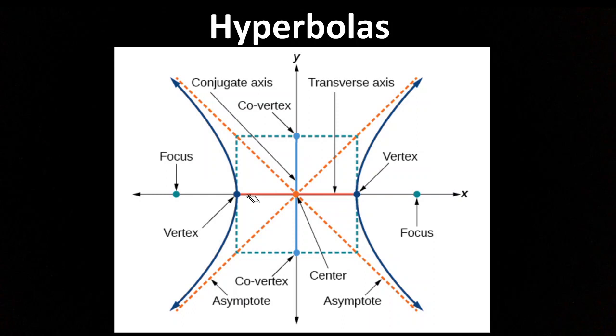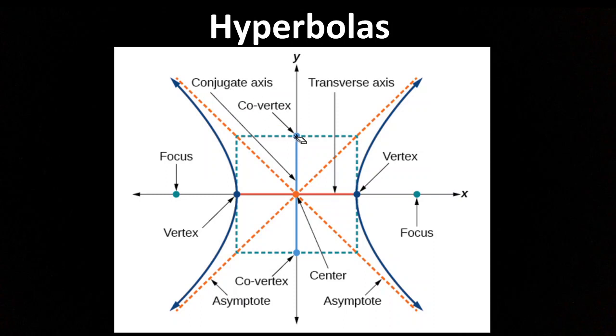This one that contains the vertices is called the transverse axis. The foci and vertices are in this direction, so that's the transverse axis. The other axis, the shorter one, now it doesn't have to be shorter, it could be longer, but the other one that doesn't have foci or vertices, that one is called the conjugate axis.